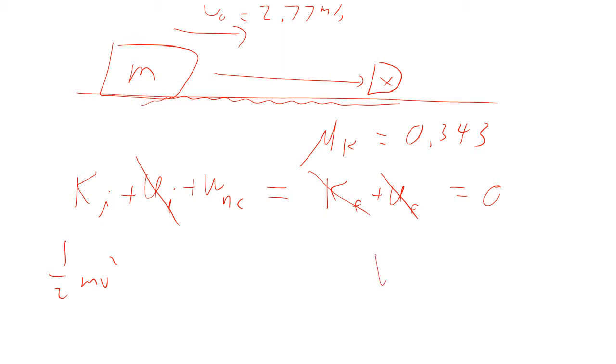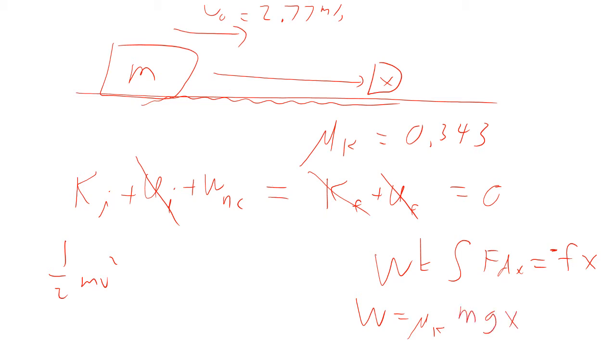And so in this case, the work is going to be the integral of F dx. Because the frictional force is constant, it's just going to be minus Fx, because the friction is in the opposite direction. The frictional force is mu sub k times the normal, and in this case the normal is mg.